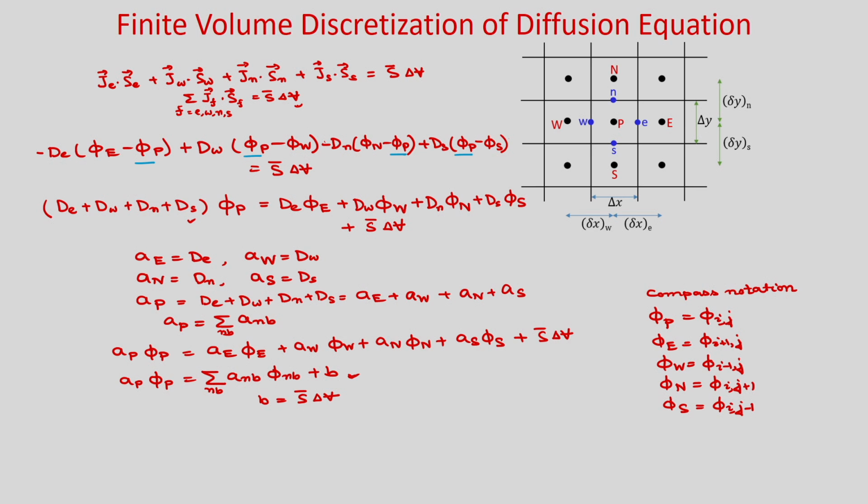So, in today's lecture we considered a steady diffusion equation, and we introduced a flux vector j equal to minus gamma grad phi, and integrated the governing equation over the control volume. Then we converted the volume integral to a surface integral using the Gauss divergence theorem.